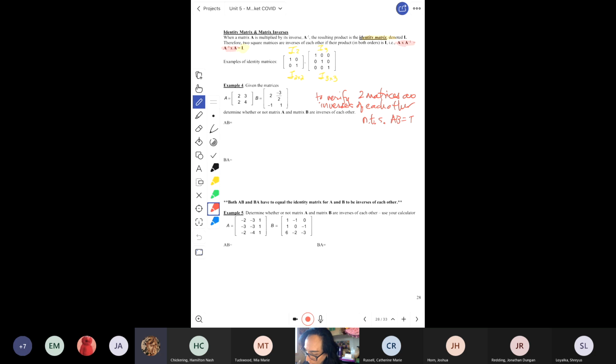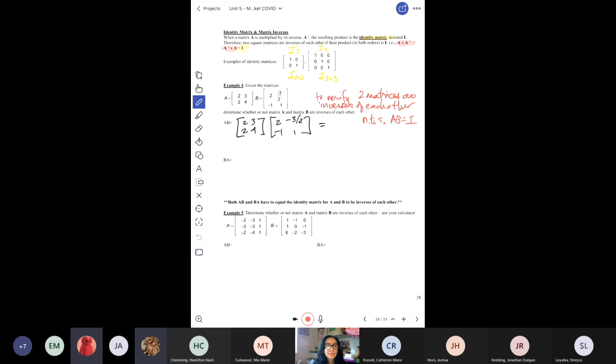Let's go ahead and practice that. Let's say I give you these two matrices and I ask you, are they inverses of each other? You're not finding the inverse of one and just seeing if it's the other. You're multiplying.